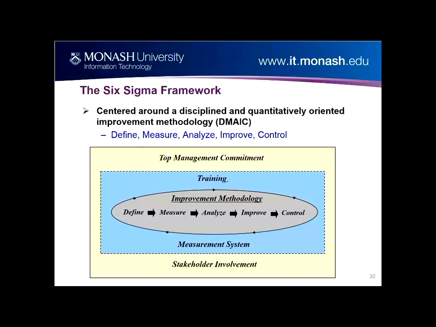That involves this inner box here, training and the measurement system. Then in the largest framework, you have top management commitment to training and to the measurement system. And in that sense, you need to involve the stakeholders. The stakeholders are the company's employees, the company's managers, your customers, and your suppliers.